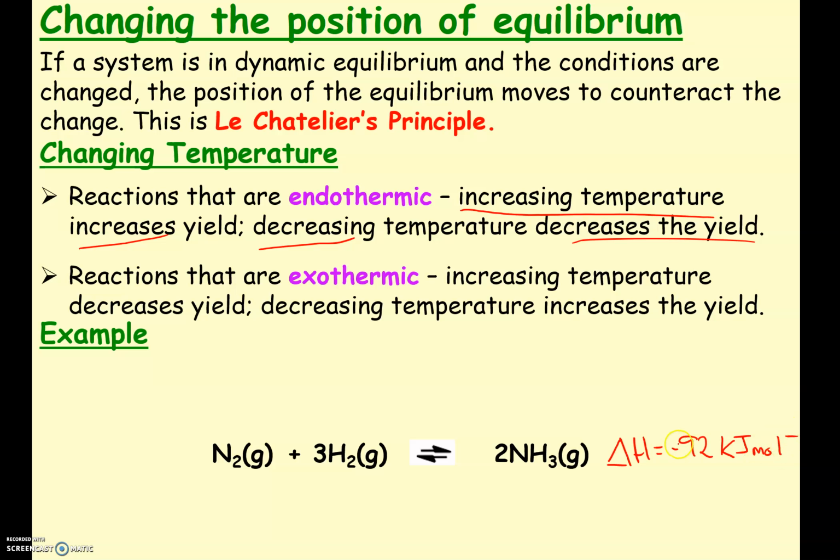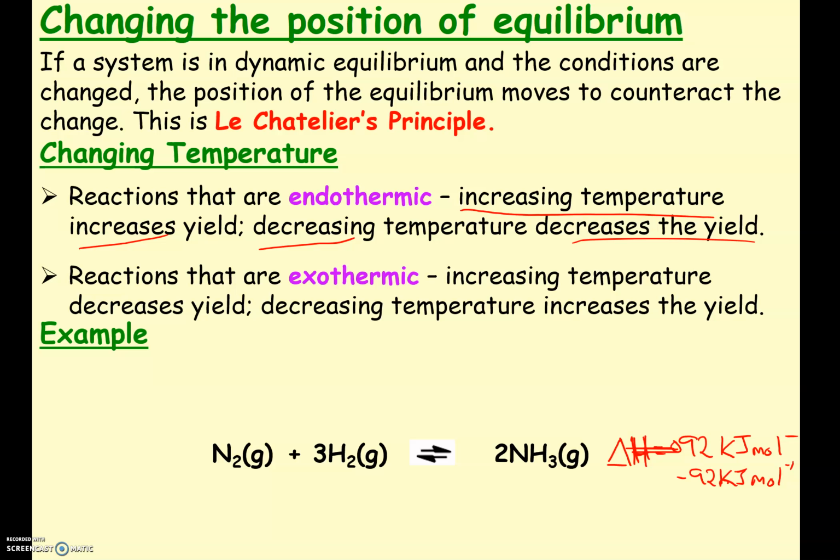The minus before that 92 means that the reaction is losing energy, it's giving out heat. It's losing 92 kilojoules per mole, so that means it's an exothermic reaction.